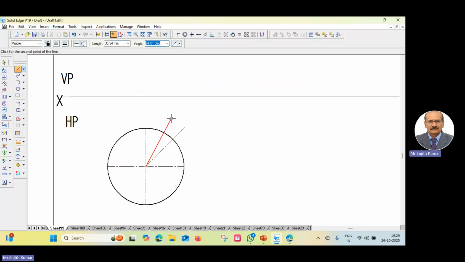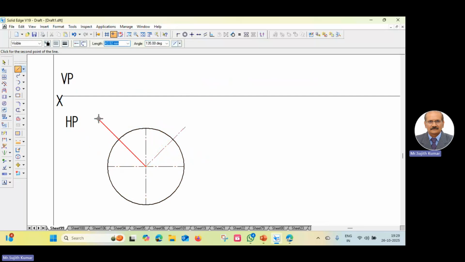Now if I continue to move the cursor like this, when I reach vertical, it will be 90 degrees in the ribbon bar. Now I want to draw 45 degrees this side. So 90 plus 45 is 135. If I type 135, it will come here. Now see, the angle is fixed, only the length is flexible.